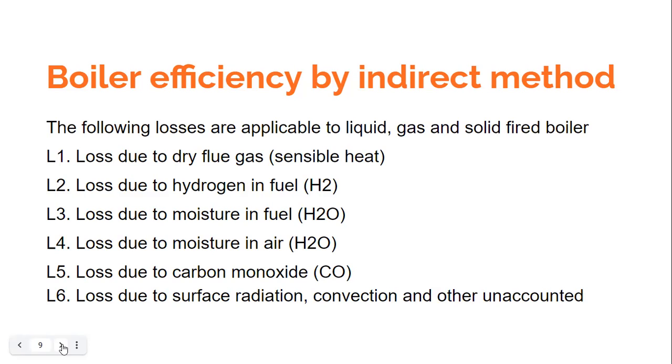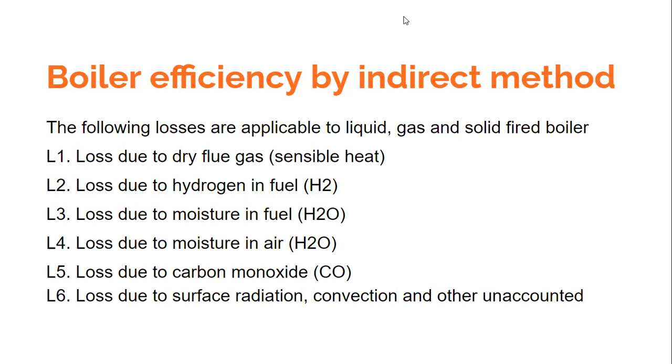We talked about first the loss due to the flue gases, dry flue gases. This is a sensible heat loss, meaning what? The flue gases are formed because of combustion in the fuel. For example, if you are burning coal in the boiler, when you fire it, it would form carbon dioxide, carbon monoxide, and so on.